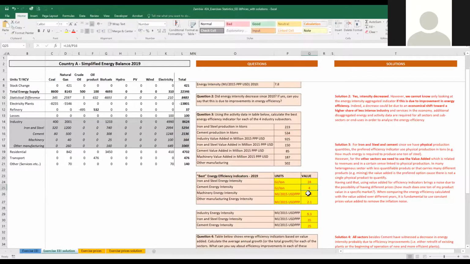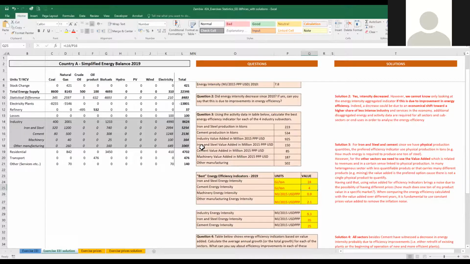However, for machinery, we don't have production information, so we need to use value added, which is related to revenues, and in a certain way is linked to production as well. In many heterogeneous sectors with less quantifiable products, or that carry many different products, for example mining, value added is the preferred option because there is not a single physical product to quantify.